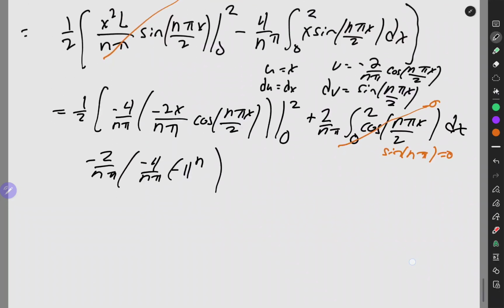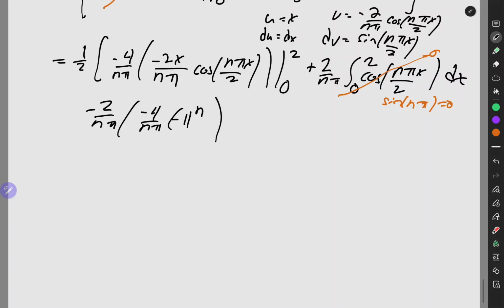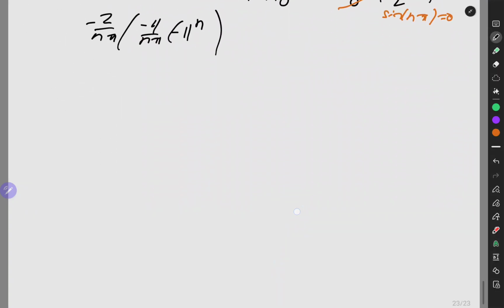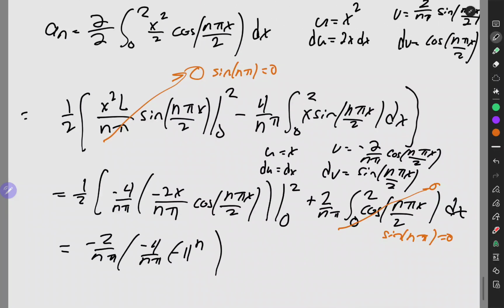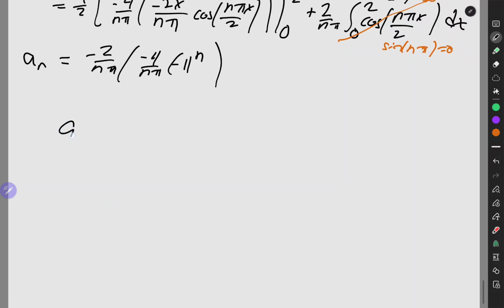Okay, so it turns out my notes were very wrong. I am correct here, as a matter of fact. So, thank God. It is in fact 8 over n squared pi squared times -1 to the n.